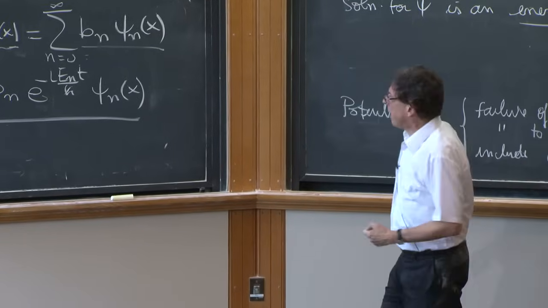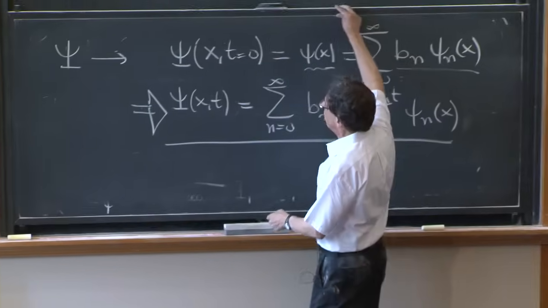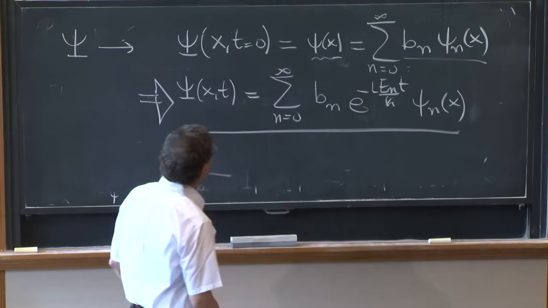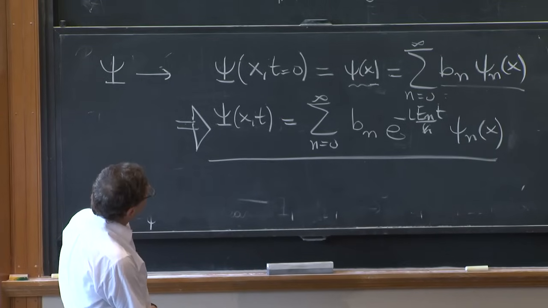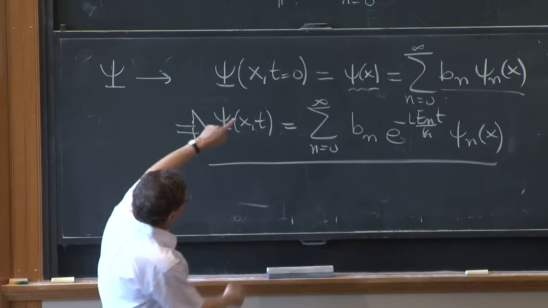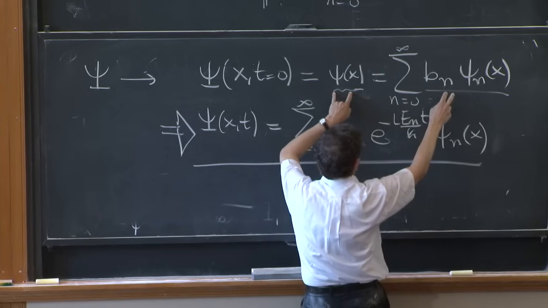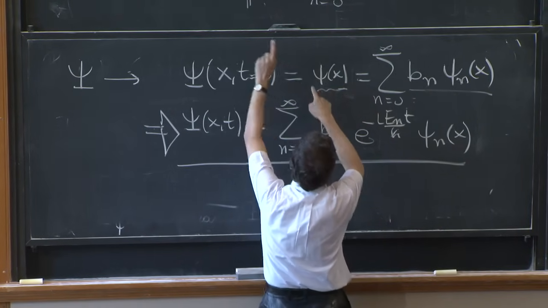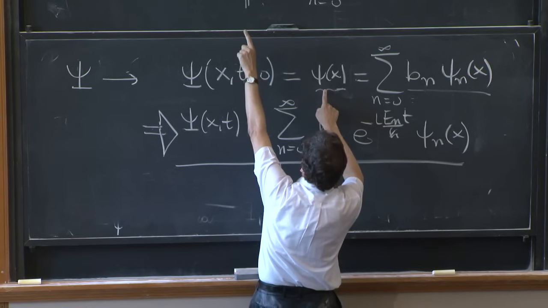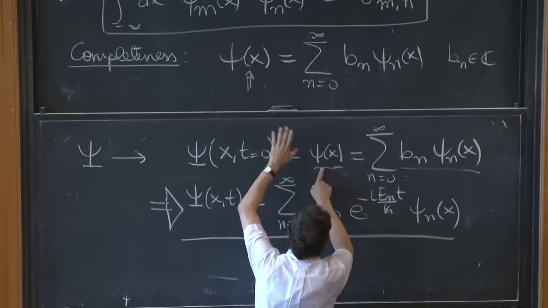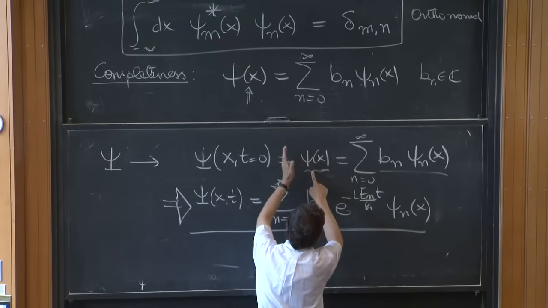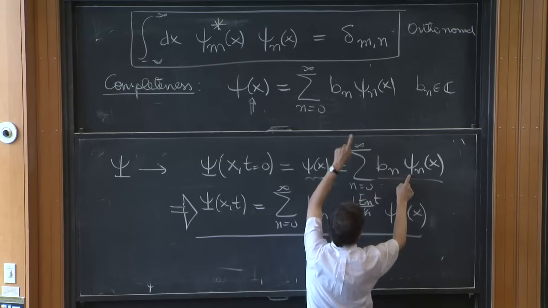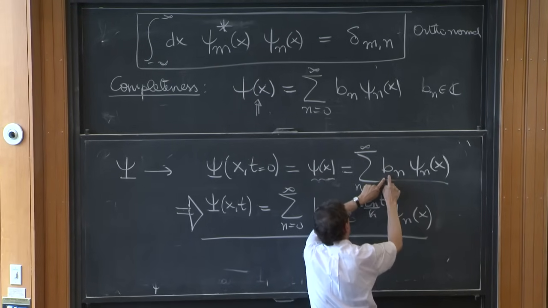So what do you do then? If you don't know those coefficients, you can calculate them. How do you calculate them? Well, you use the orthonormality. You take this and integrate against another psi star: you take a psi m star, multiply and integrate. Then the right-hand side will get a Kronecker delta that will pick out one term.